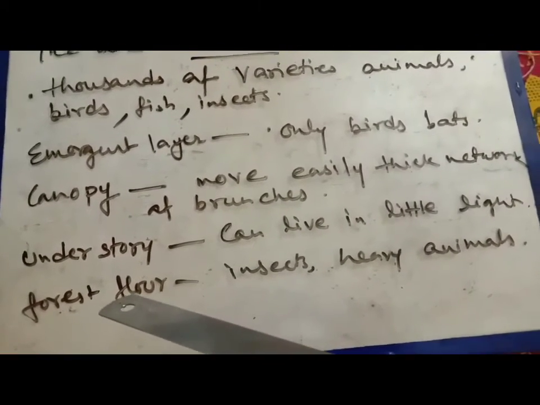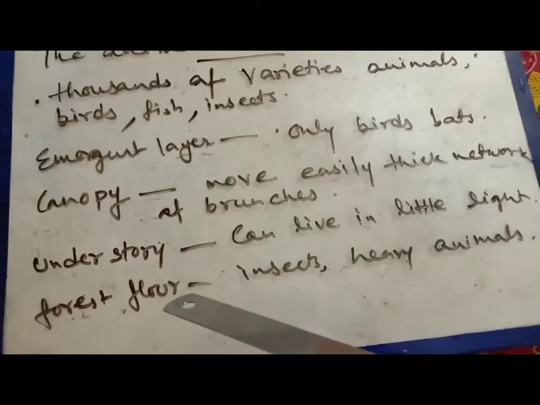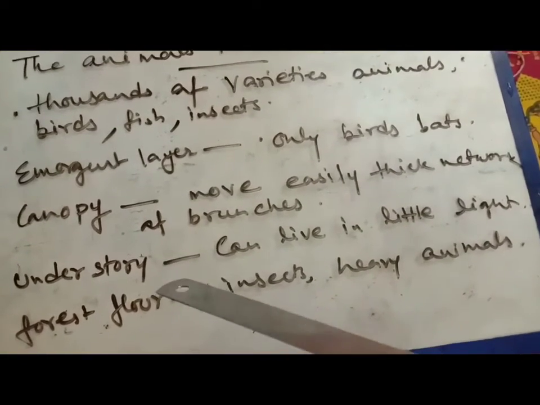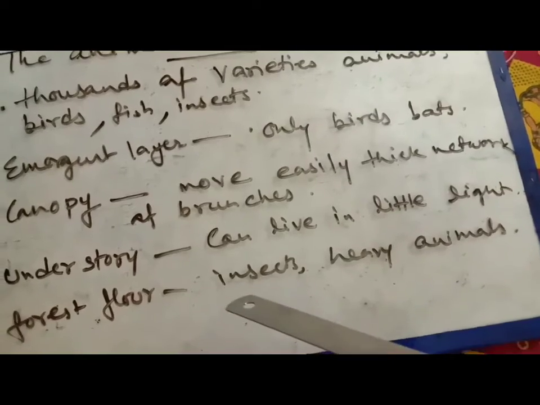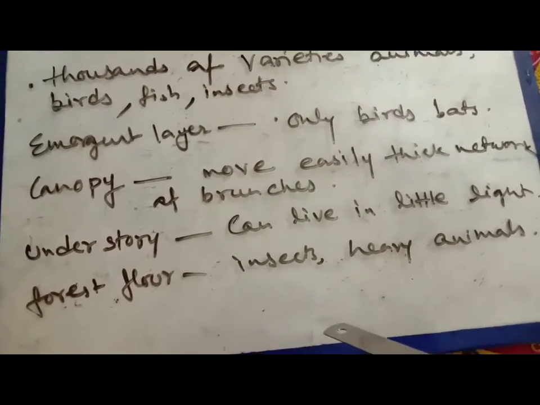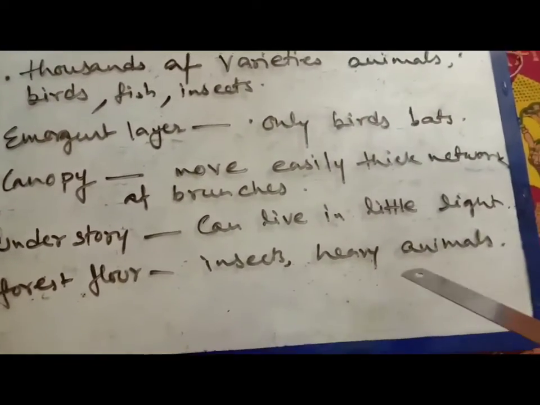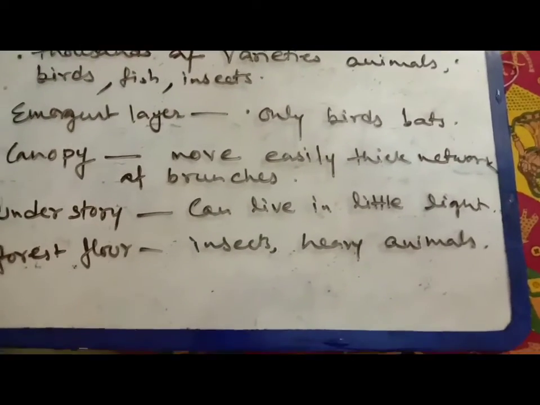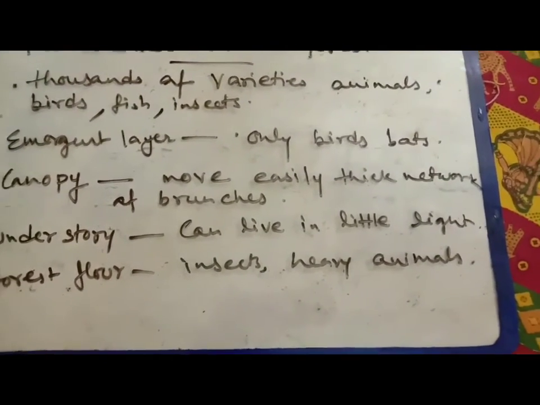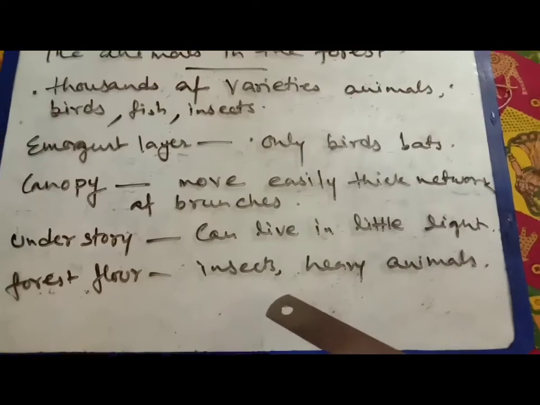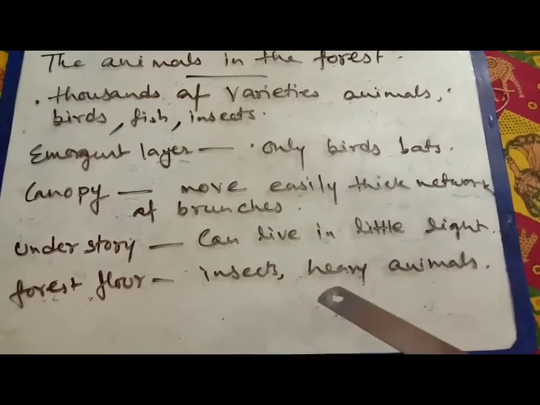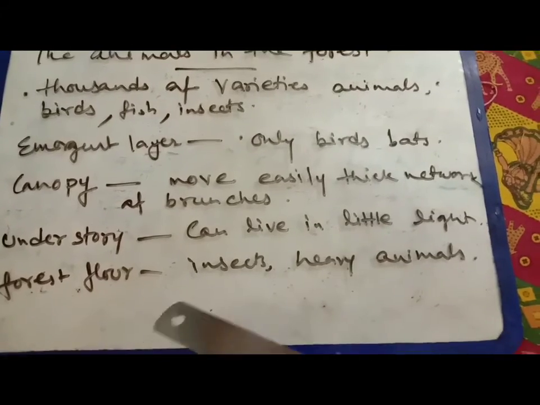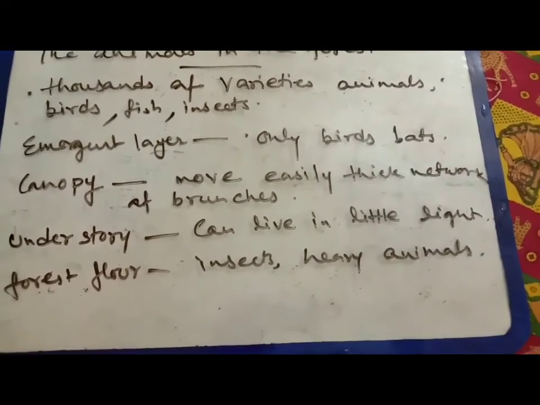Here we can get lots and lots of insects, and especially heavy animals, those that cannot fly and cannot climb up the trees. These animals can live in this part of the forest.